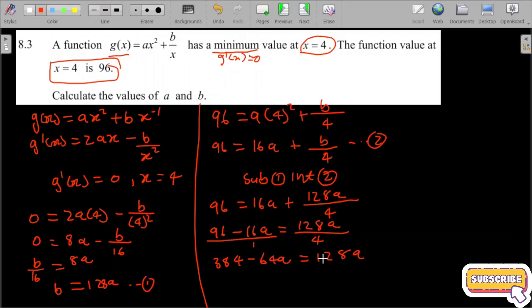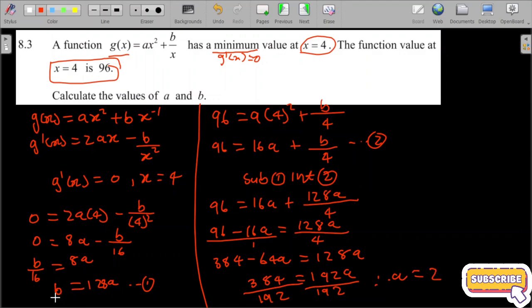Solving for a, take this to the other side, so I'm having 384 is equal to 128 plus 64, which is going to give me 192a. Then divide by 192, divide by 192. Our value of a is going to be 384 divided by 192, which gives me 2.